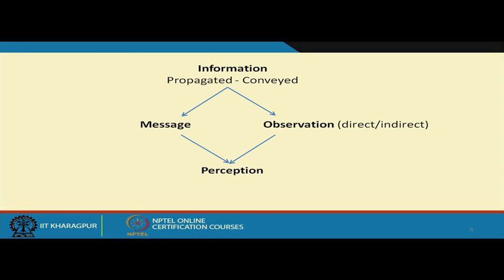So now if we look at both message and observation, a very key aspect comes into the picture, that both of them involve human perception. This is very essential for our particular course, where we are talking about visual communication and visual semantics. The very word visual relates to our eyes. We are looking at something, we are seeing something, we are visually perceiving that.